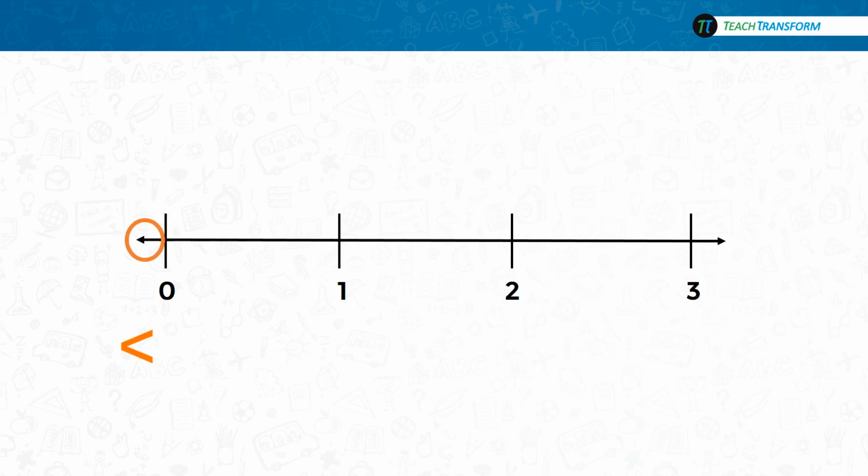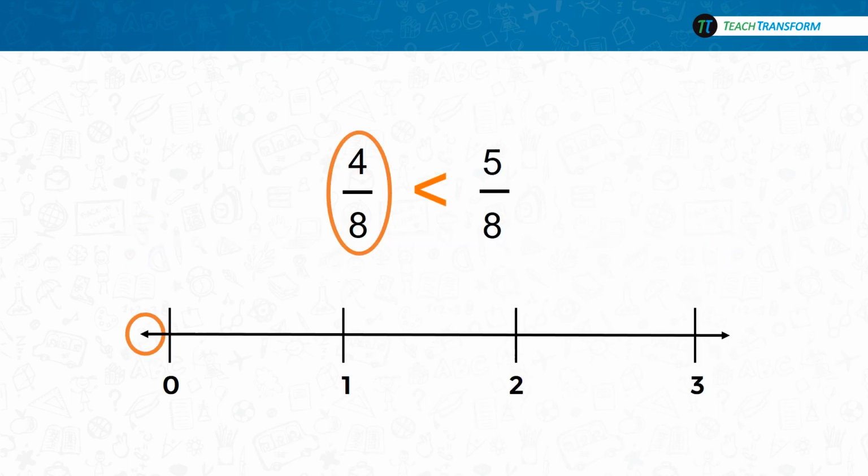The arrow on the left is next to the smaller numbers. It's the same as the less than sign. The arrow on the right is next to the larger numbers. It's the greater than sign. Use a mental picture of the number line to help you remember which symbol to use.